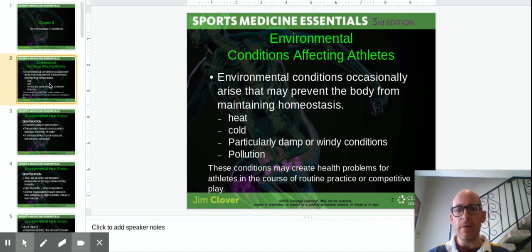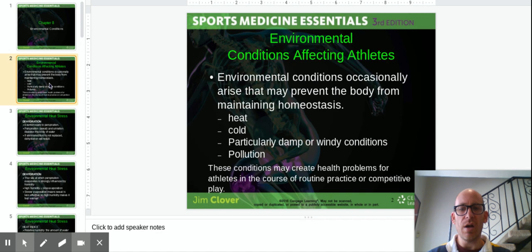Environmental conditions can also push the body out of homeostasis. The primary things in the environment that do that are heat, cold, damp or windy conditions.